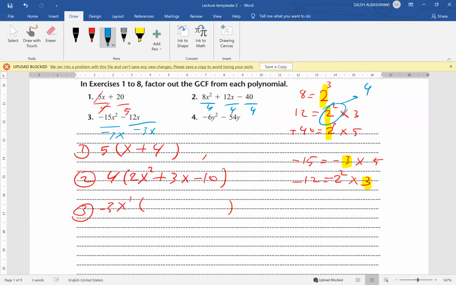Minus 15 divided by minus 3 will give me 5x to power 1. Plus 12 divided by 3 equal to 4, and x will cancel x. So it is minus 3x multiplied by 5x plus 4, and that will be the greatest common factor.